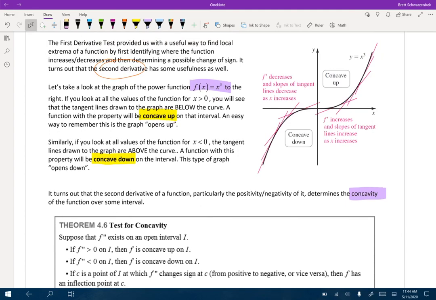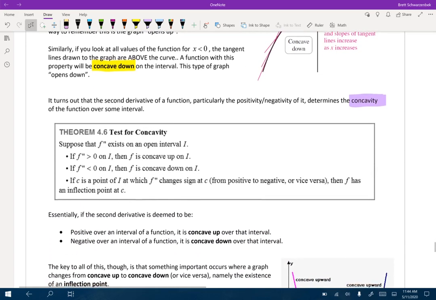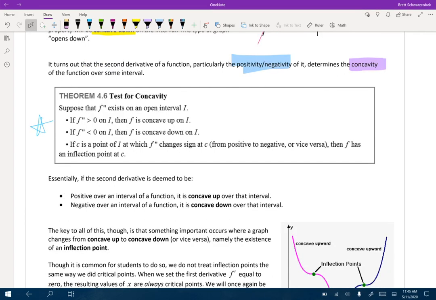Now we're going to use the second derivative of the function to test for concavity based on its positivity and negativity. If you're looking at the theorem here, it says suppose the second derivative exists.